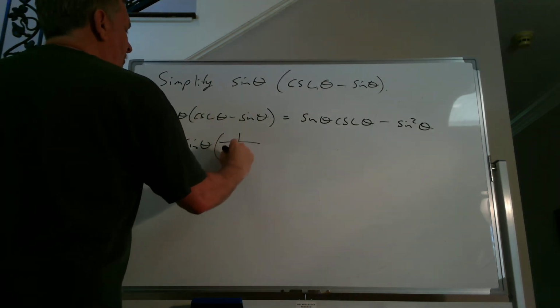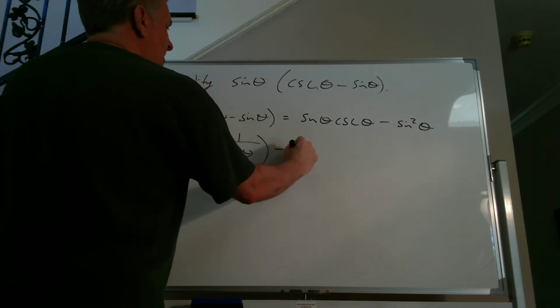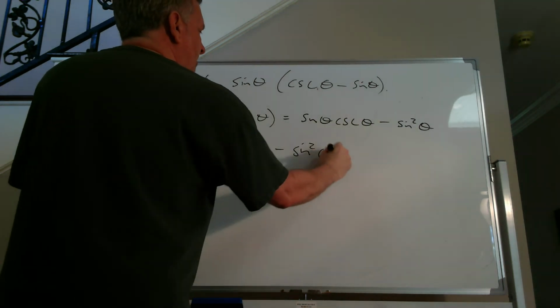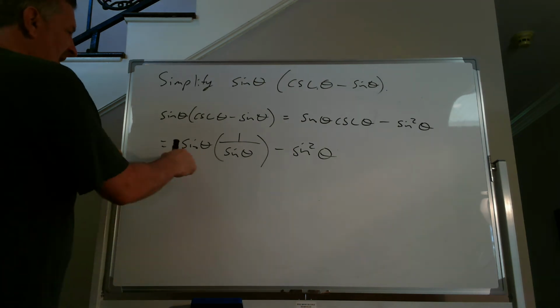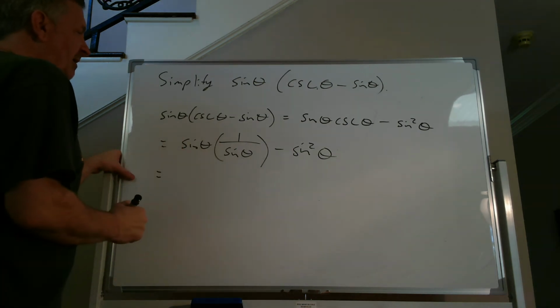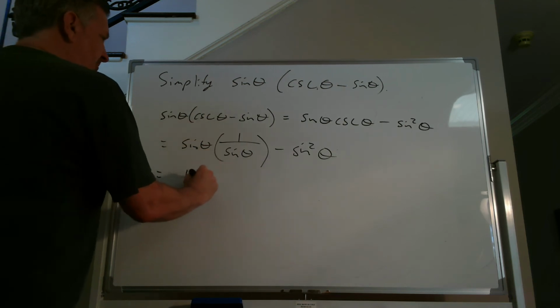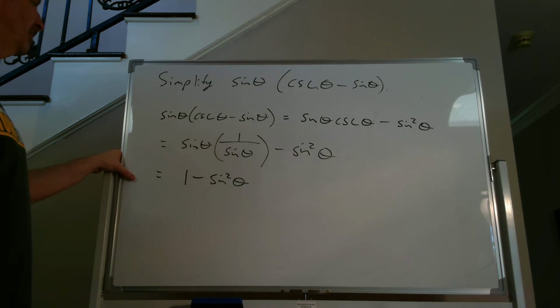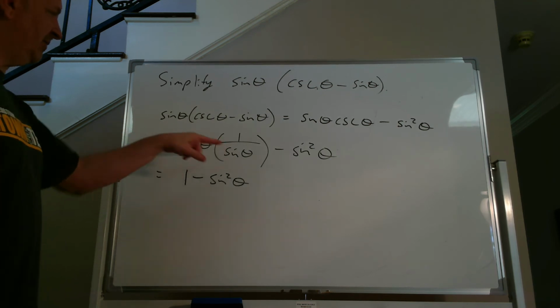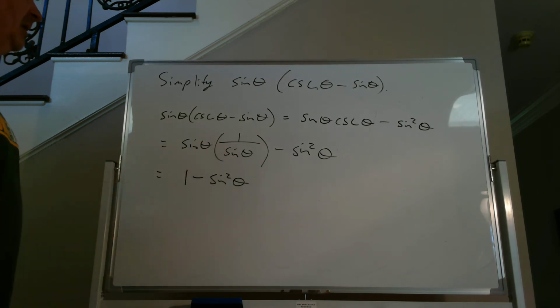Cosecant is 1 over sine. Remember, you have to know your identities. And the sine squared theta stays the same. And well, what's sine times 1 over sine? Right? Sine times 1 over sine is 1. Think of that as sine over 1, the sines cancel, and you're left with 1. So 1 minus sine squared.